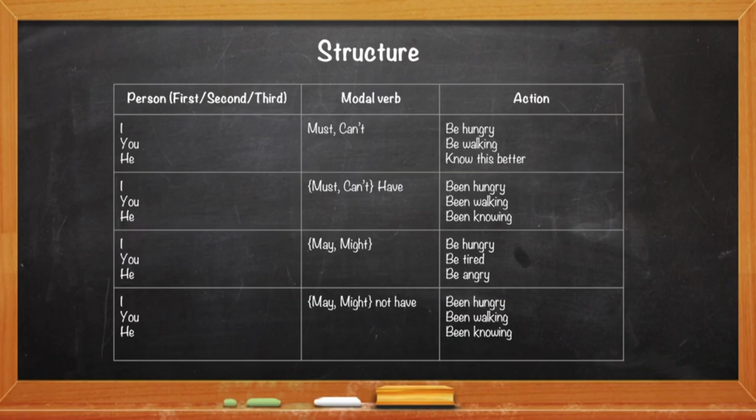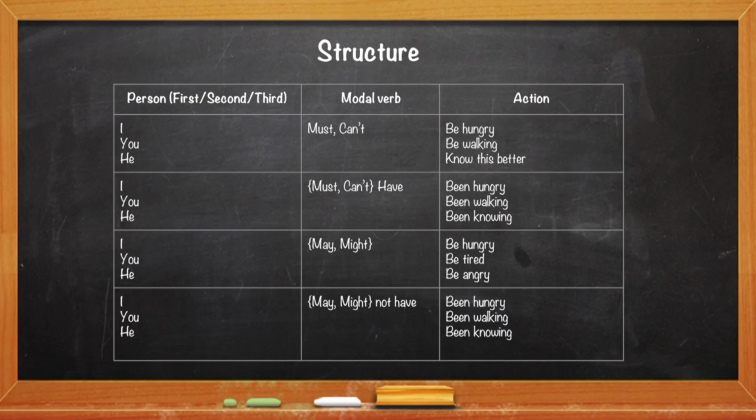Let us look at the structure here and the modal verbs. First person, second person, third person, we have already done this, modal verbs and action. Please look at the table here. You must be hungry. You can't be hungry. I have been walking. He must have been hungry.